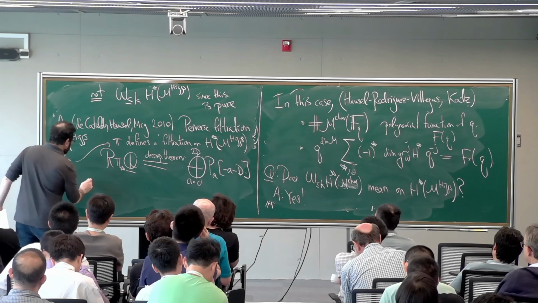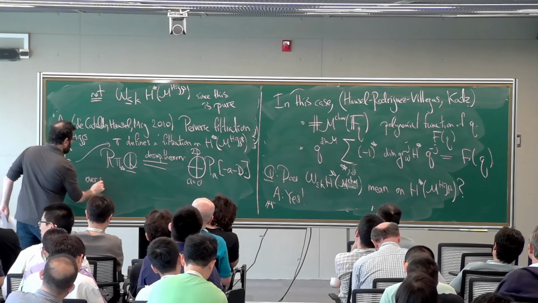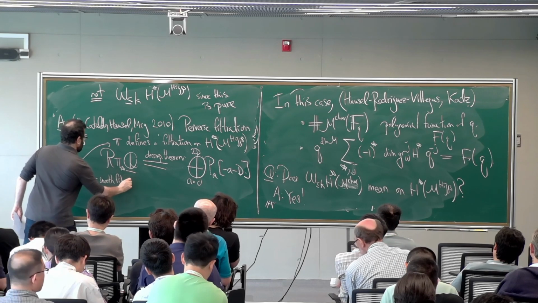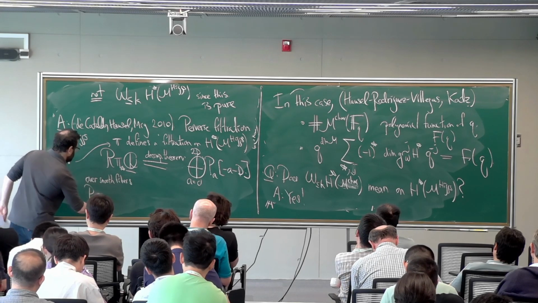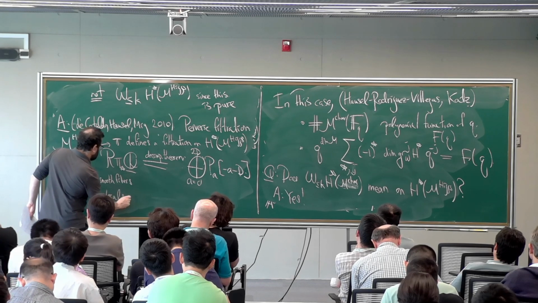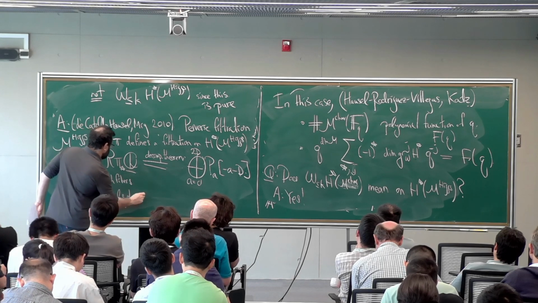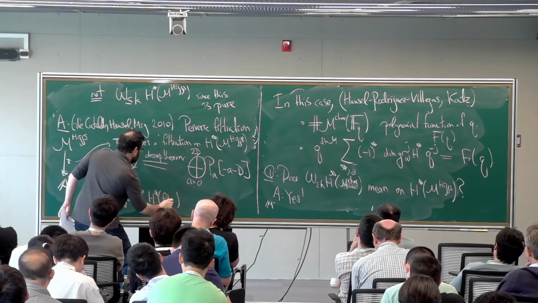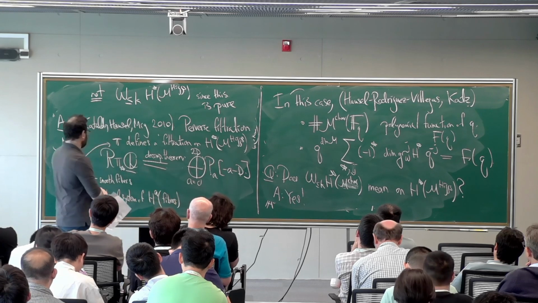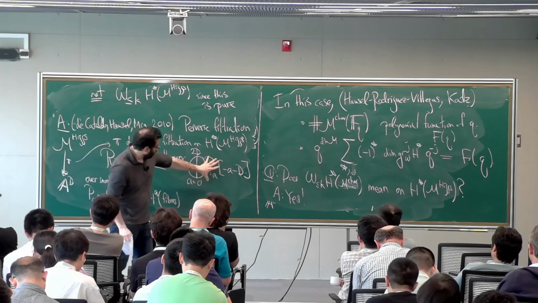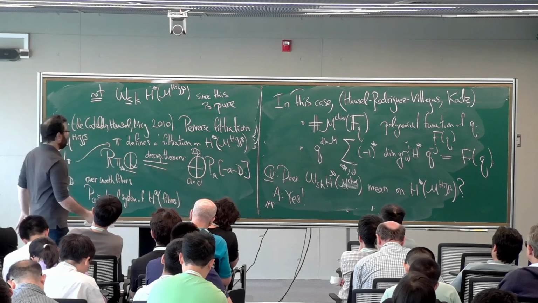So over the smooth locus, this P_A is basically the local system cohomology. But then as the fibers become more and more singular, whatever this object is becomes more and more complicated.